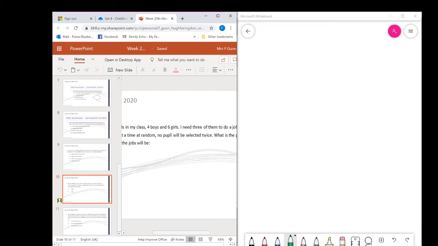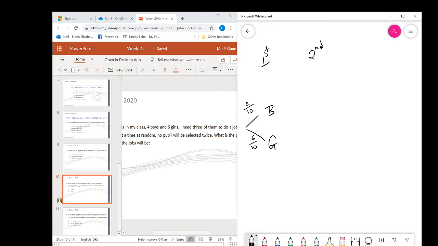So we've got boy, girl for the first student. There are 10 pupils in the class. So the first one, it could be 4 out of 10 for a boy, which means 6 out of 10 for a girl. My second student then.